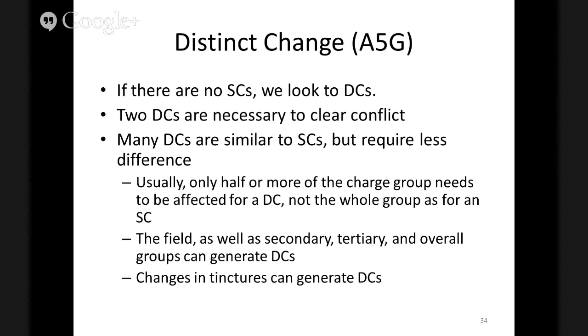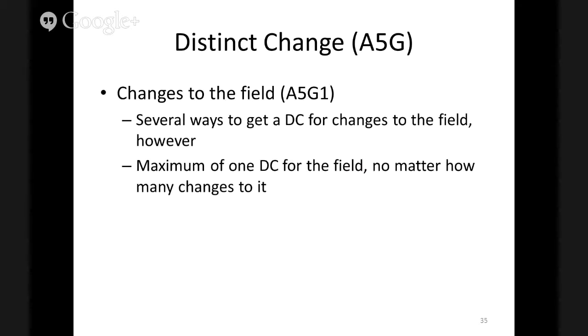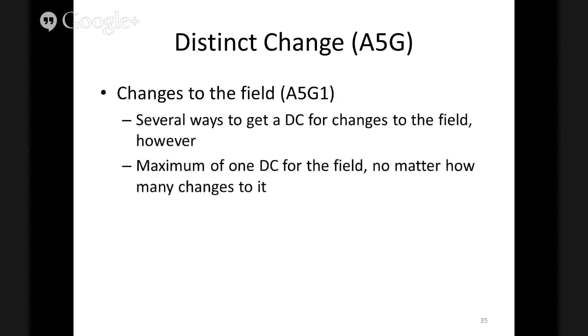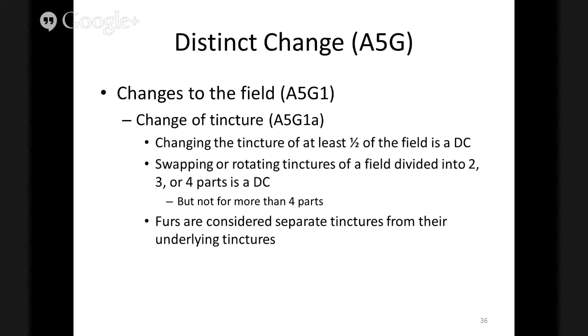So let's look at changes to the field. The thing about changes to the field is there are lots of ways to get a DC for a change to the field, but you can only ever get one DC. So even if I change ten different things about the field, you only get one DC towards the two that you need. So, change of tincture. If you change the tincture of at least half of the field, that's a DC.